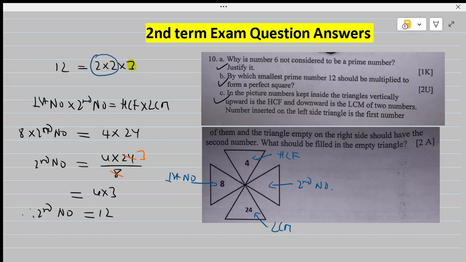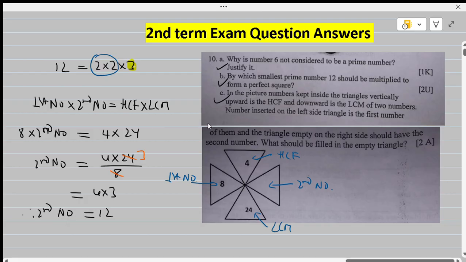So I made number 10 clear. Now go onward from number 11. Let's make this clear first.